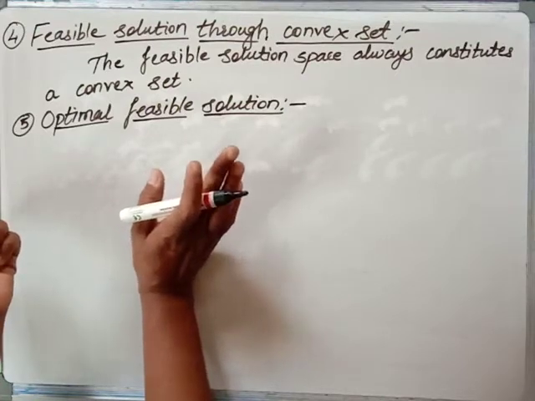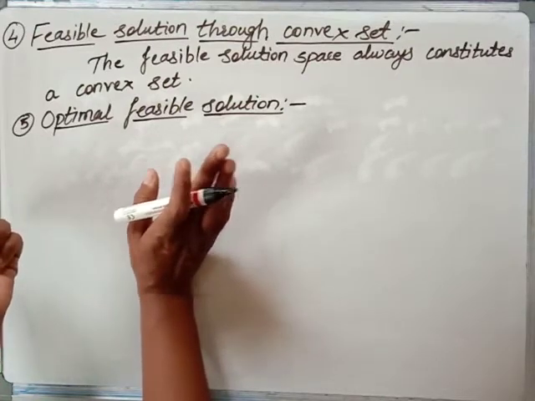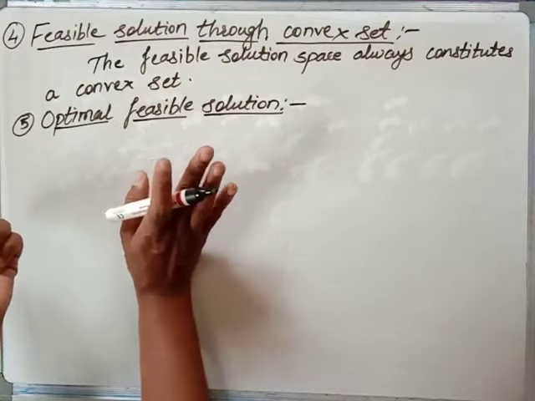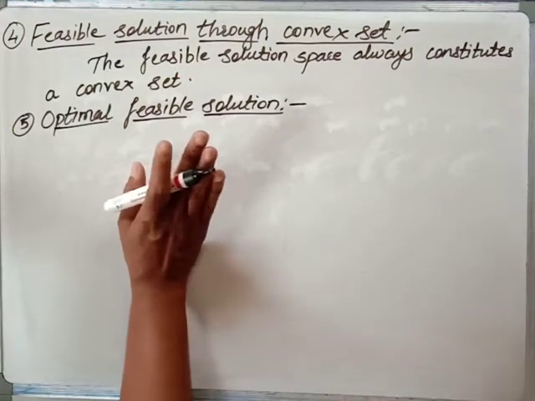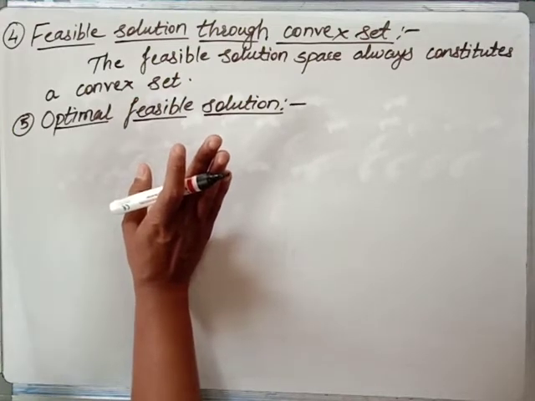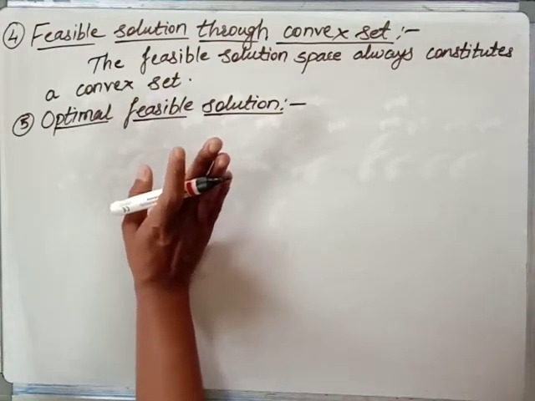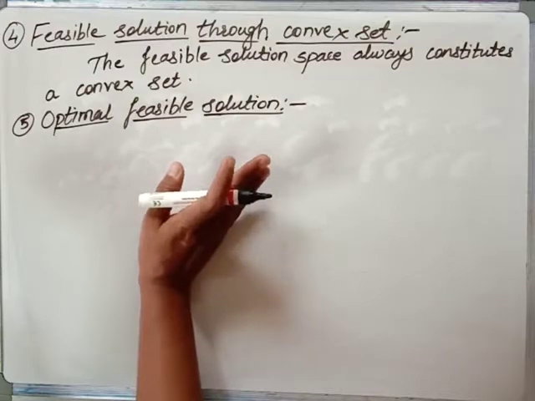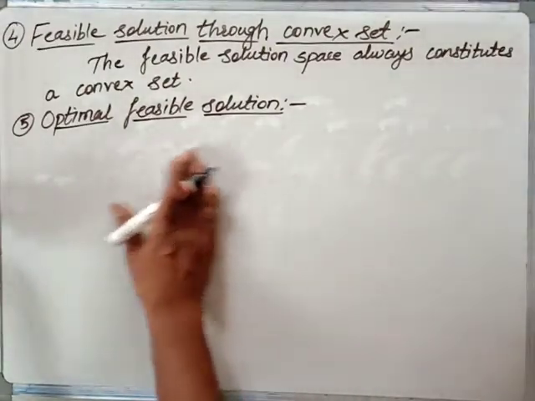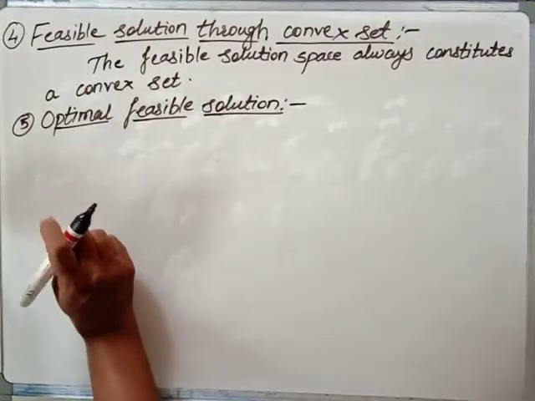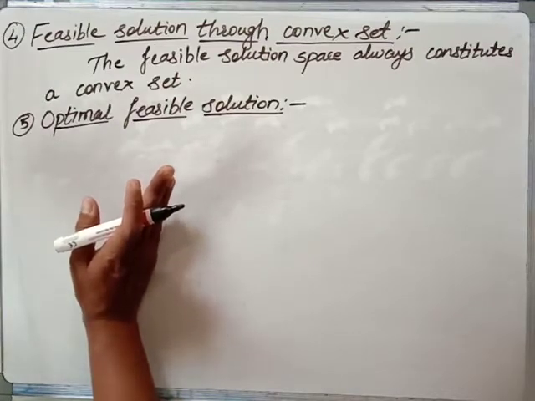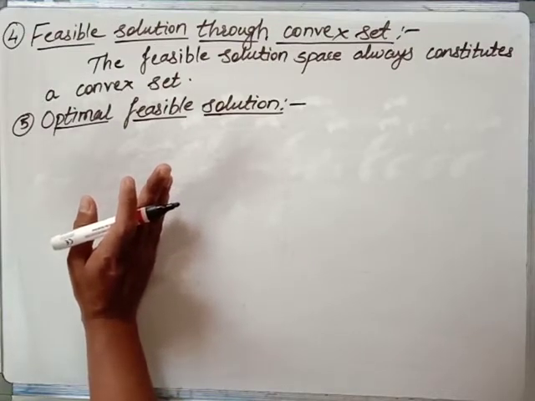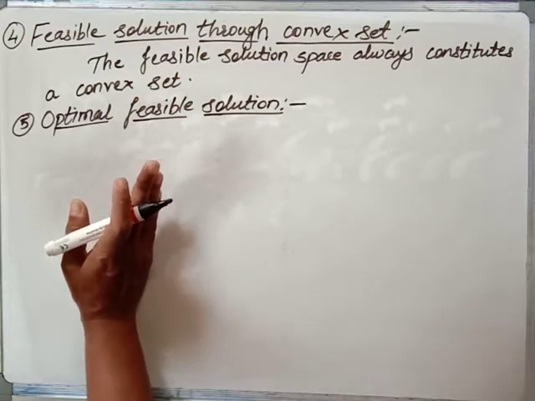Already we had taken examples on the graphical method. In that we checked the values of our objective function at the extreme points of our feasible region. If it gives us the maximum value if the problem is of maximization, and the minimum value if the problem is of minimization, then that is our optimal value, and such a solution is known as an optimal feasible solution.